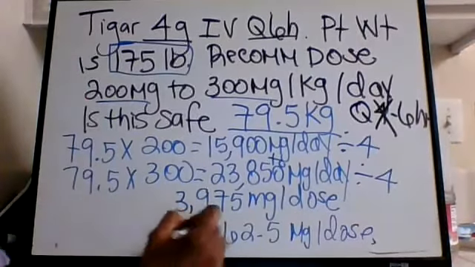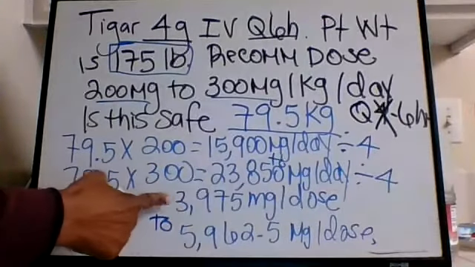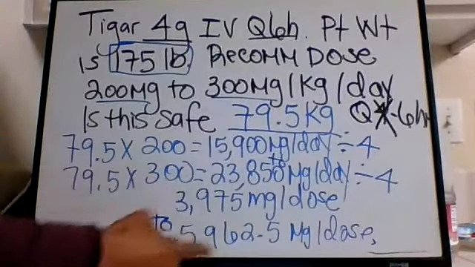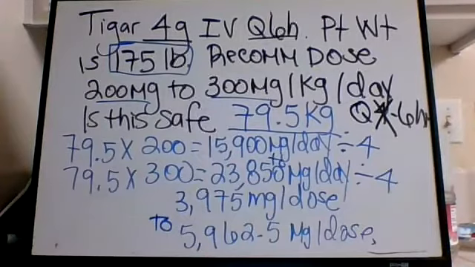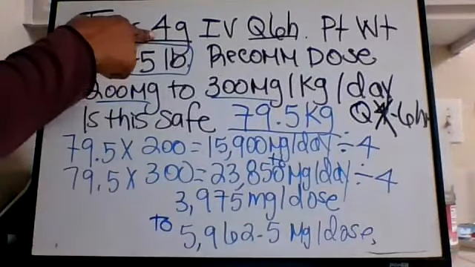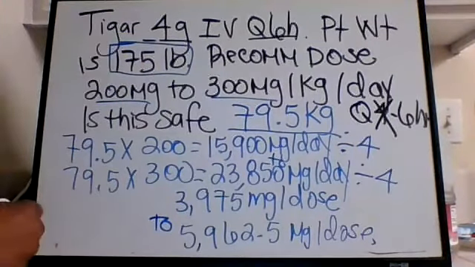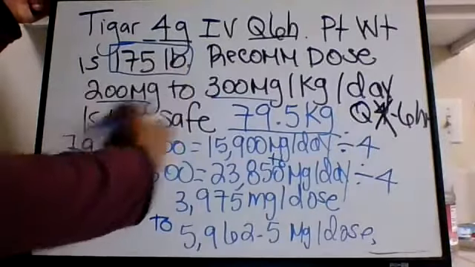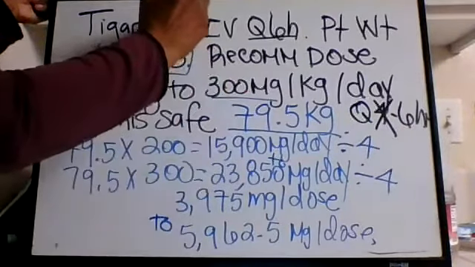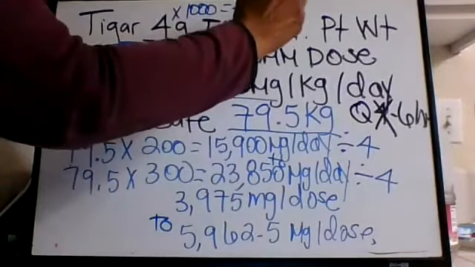So here is our single dosage range, 3,975 to 5,962.5 milligrams. So now the last thing we have to do is convert the grams to milligrams, right? Because the recommended dosage is in milligrams. So we take this, we times it by 1,000, and what do we get? 4,000.